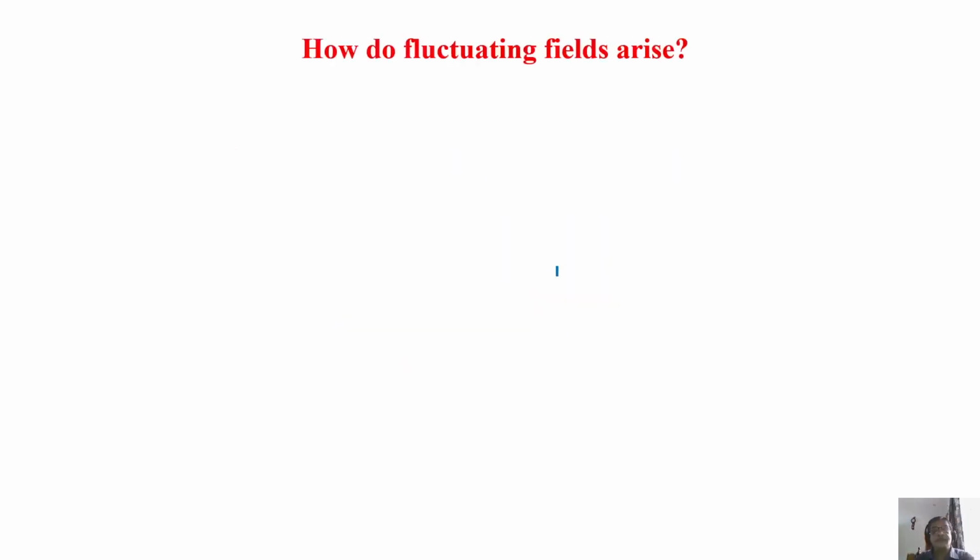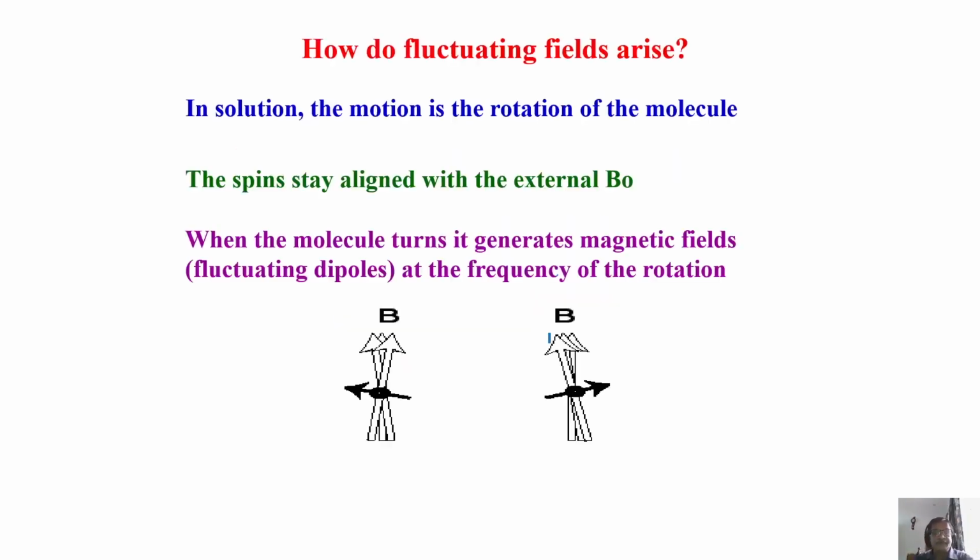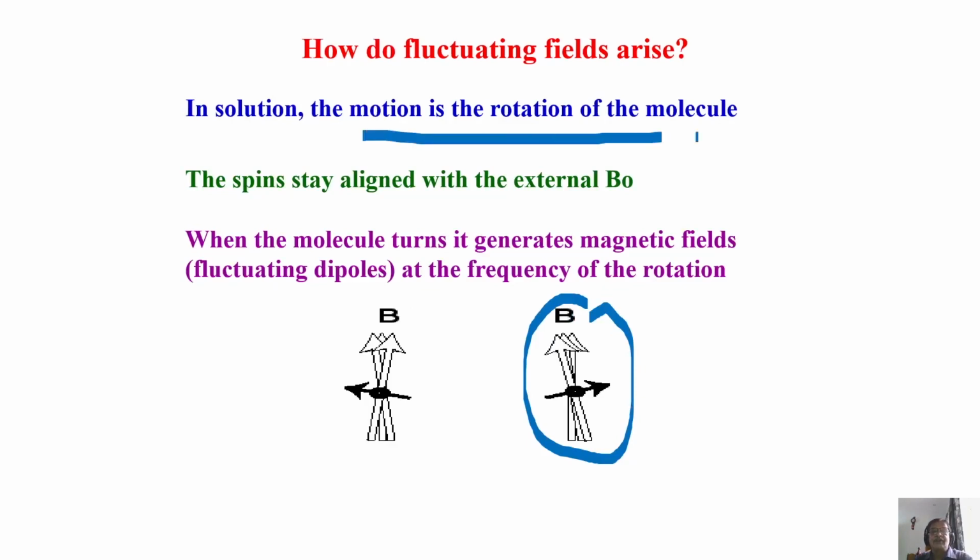Okay. Now this is where I wanted to show you how these fluctuating fields arise. The spins, let us say in solution, the motion is rotation of the molecule. The spins are always aligned with respect to the magnetic field. But the molecule undergoes turns; it is not just staying idle. It is undergoing motions. It rotates and then turns.